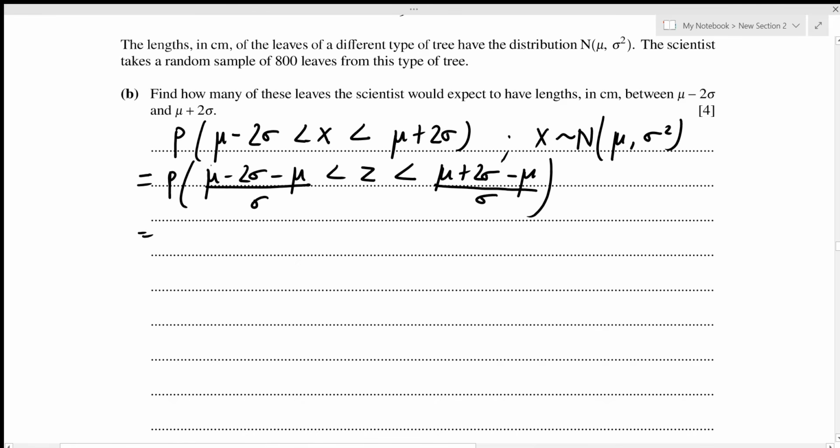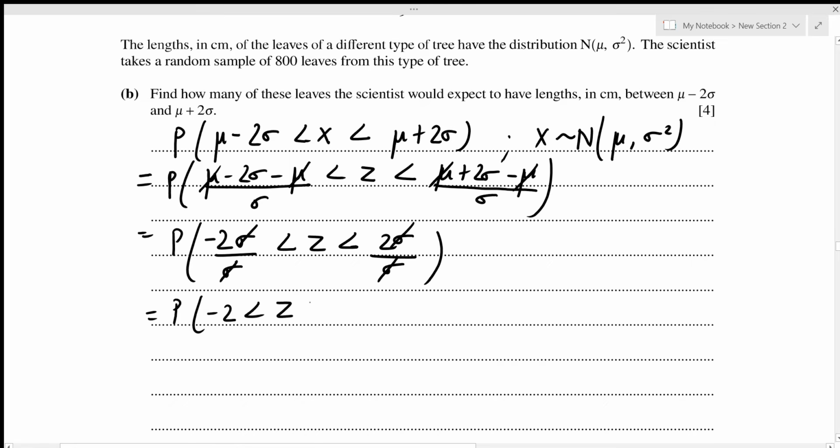The positive and the negative mu are going to cancel each other out. So that's going to be the probability negative 2 sigma by sigma is less than z is less than 2 sigma by sigma. Again, the sigma in the numerator and the denominator are going to cancel each other out as well. So that's going to be negative 2 to 2.